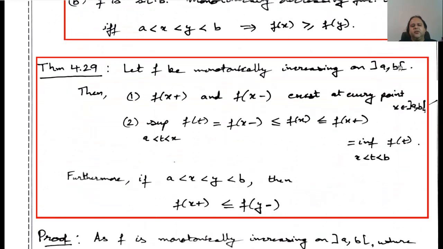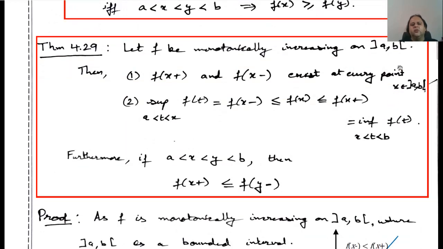That's the result we will learn as Theorem 4.29 of the Principles of Mathematical Analysis book of Walter Rudin. It is written for a monotonically increasing function, and a similar result can be written for a monotonically decreasing function also.